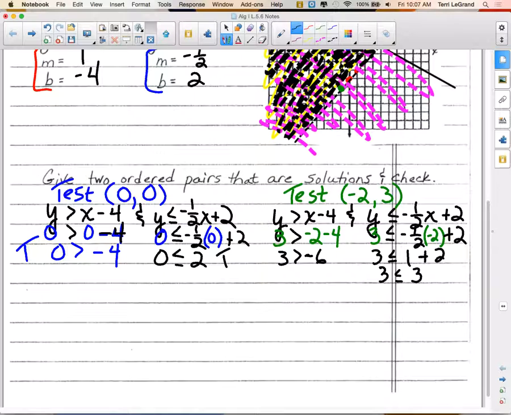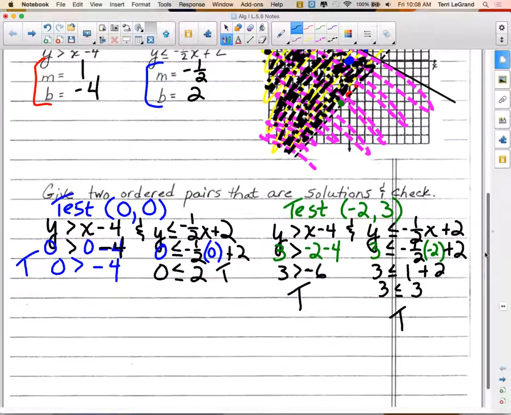How about you? Yeah. Is that true? Okay, that's true. How about 3 is less than or equal to 3 is what I get for the other one. Is that what you get? Is it true? It's true. Okay. It satisfies the equal to part, doesn't it? And that makes sense that it should satisfy the equal to part because it's on that solid boundary line. That's why it satisfies the equal to part in that one.